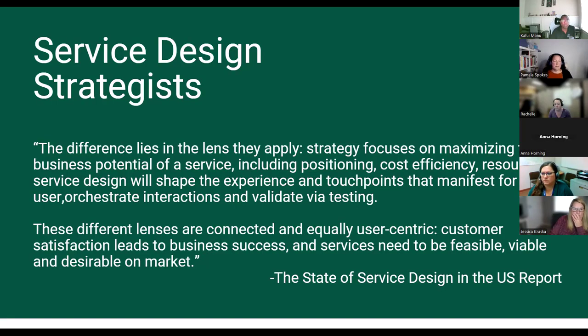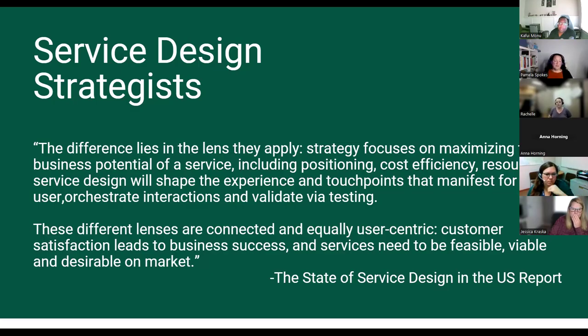So looking at the lens that they apply, because of course if you're doing it on a strategy level, they're also focusing on maximizing the business potential of a service, looking at the positioning, cost efficiency, resources, and how service design will shape the experience and touch points that manifest for the user, and the user can also be considered those internal, and orchestrate the interactions and validate via testing.